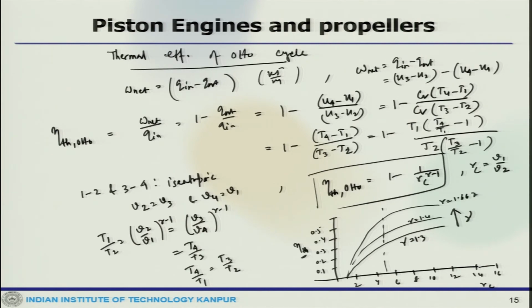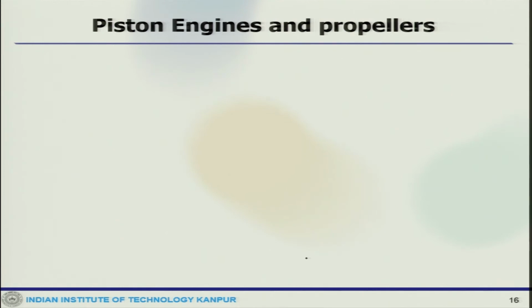Second, for a given compression ratio, the thermal efficiency of an actual SI engine is less than that of the ideal Otto cycle due to irreversibilities. That is obvious, because what we have got here is the ideal, theoretical one, but actually there would be irreversibilities, and typically the SI engine efficiency would be about 25 to 30%.